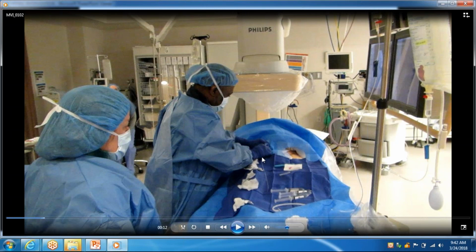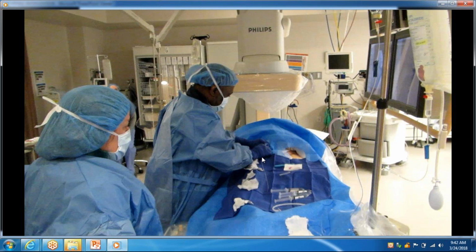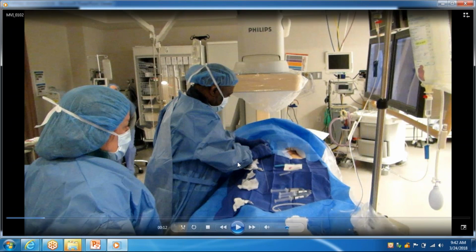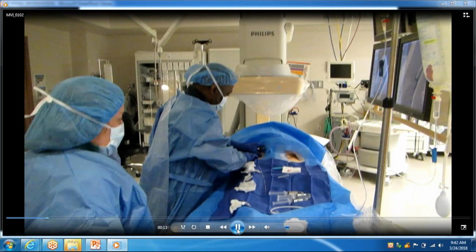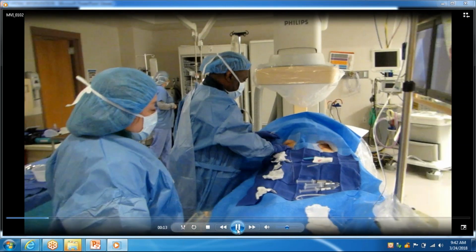Before you get access, you have to numb the area. Make sure that the patient's not going to have any pain. Then, as I showed you, the modified Seldinger technique, you use that. So we're numbing the area.